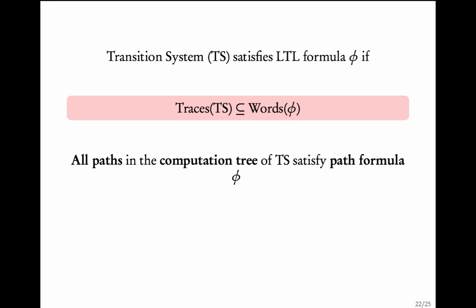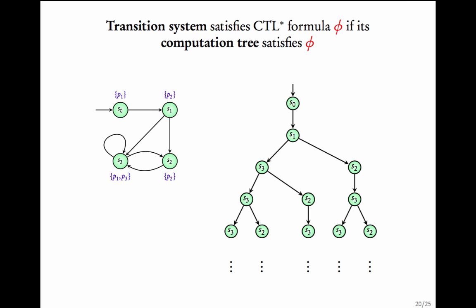That means all paths in the computation tree satisfy the path formula phi. If you look at this computation tree, paths of this transition system correspond to paths of this computation tree. And by saying that every path satisfies the formula, we are just saying that every path in this computation tree satisfies the path formula phi.